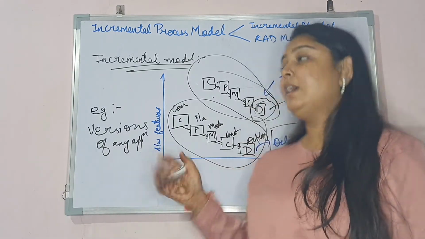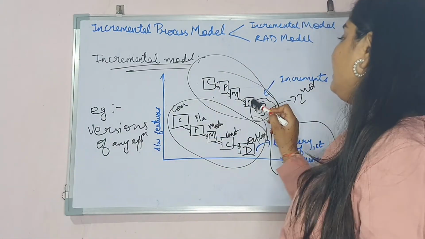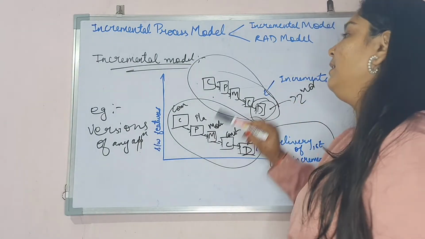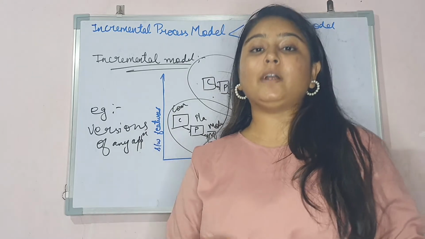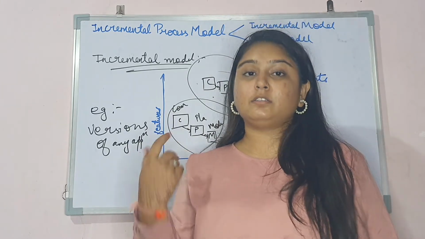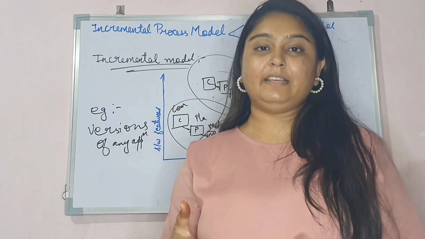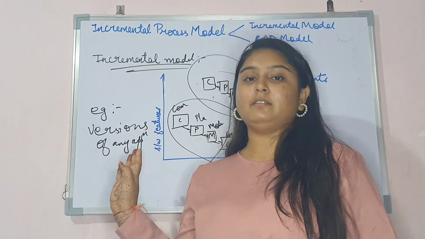Then using this model, my developer can change those things in the next increment. So when you want some quick action, and you want the software delivered at the earliest, you can use such a model.